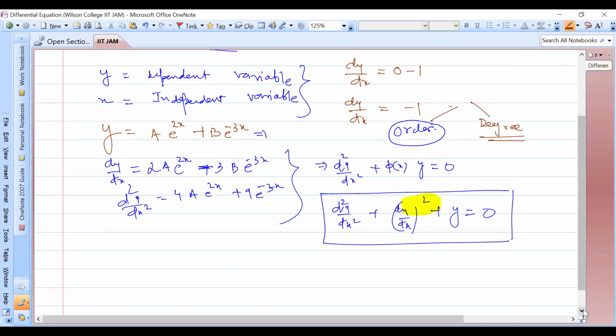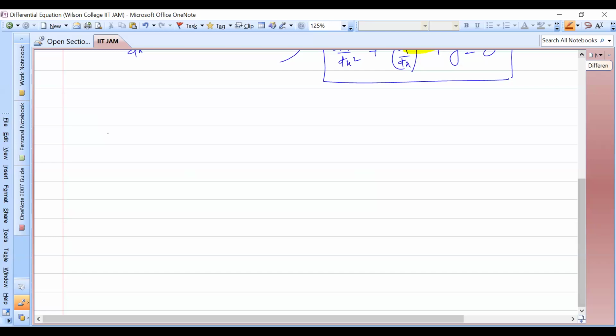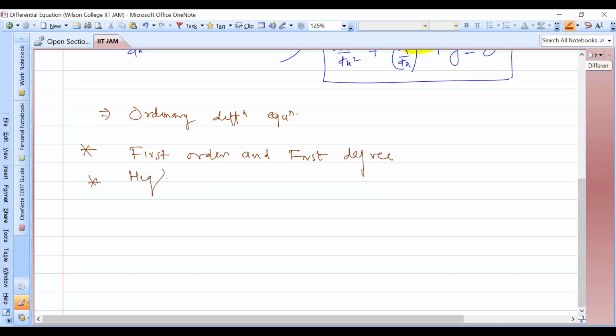So in our syllabus we have only linear differential equation, or we can say ordinary differential equation, and here the specification is first order and first degree, as well as higher order differential equation.